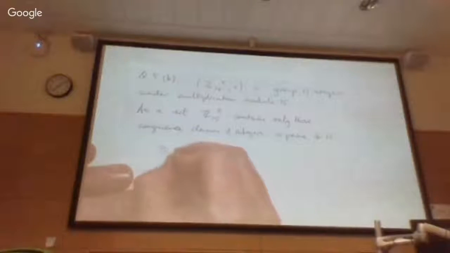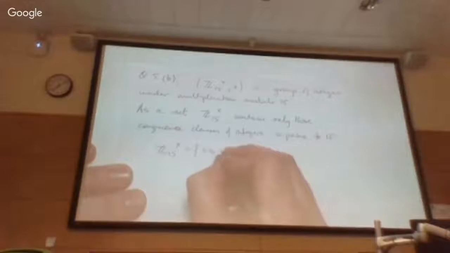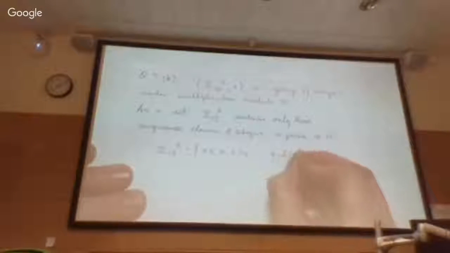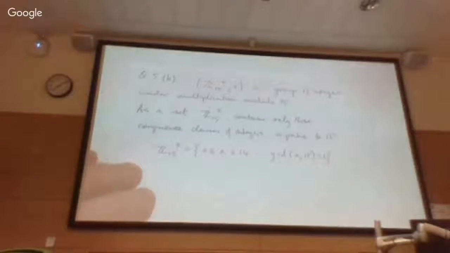So we can say Z15 is going to consist of those n between 0 and 14, such that the greatest common divisor of n with 15 is equal to 1. Okay, that's what being coprime to another number means.